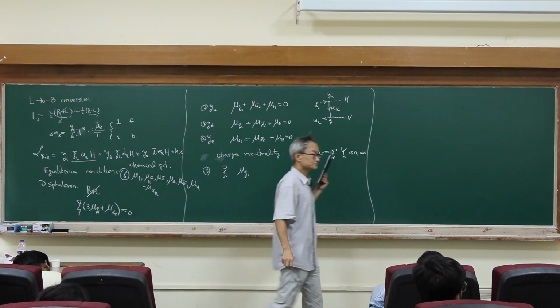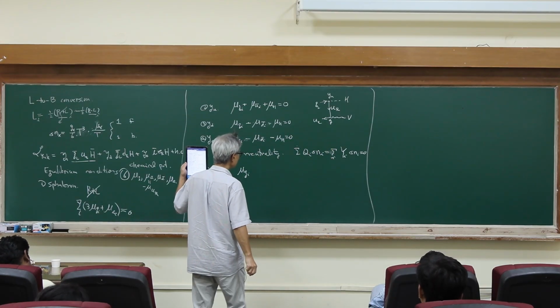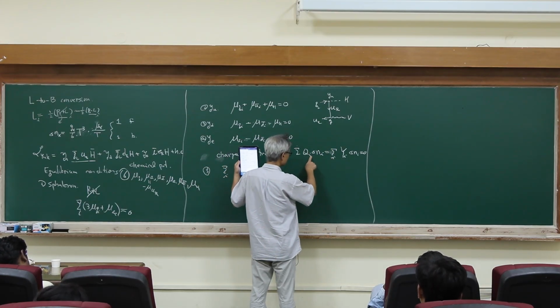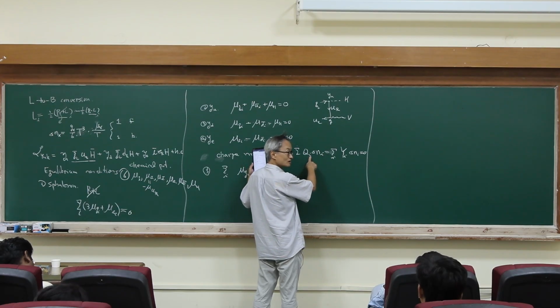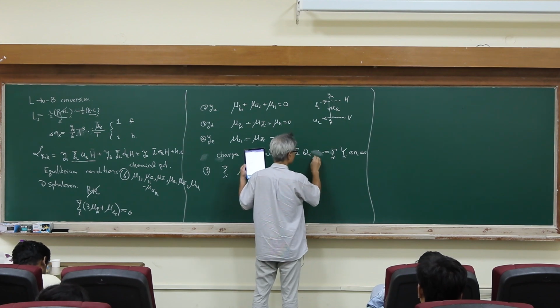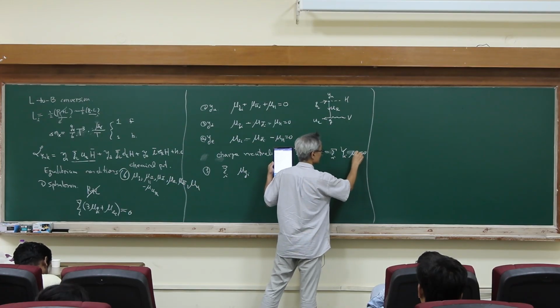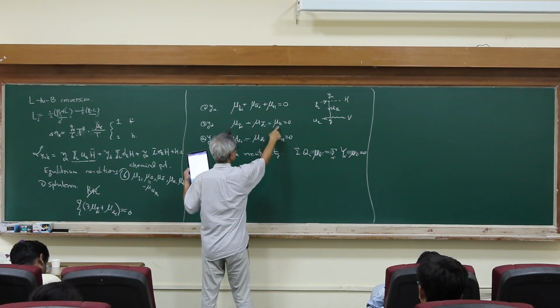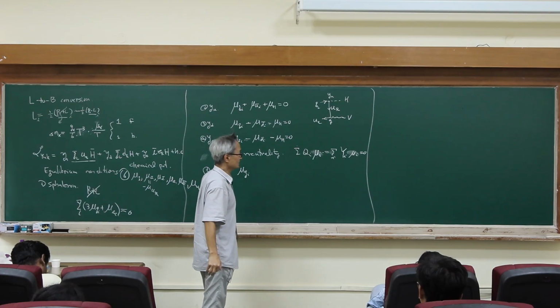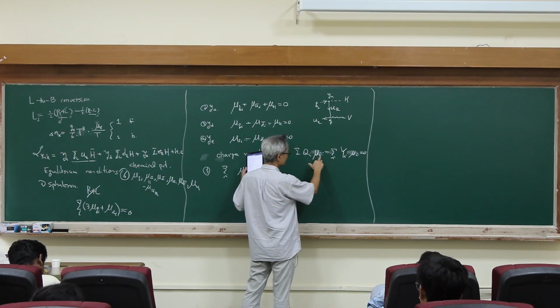Q is the charge of each quark and lepton, and this delta N_i is the asymmetry, given by the chemical potential of each species i.